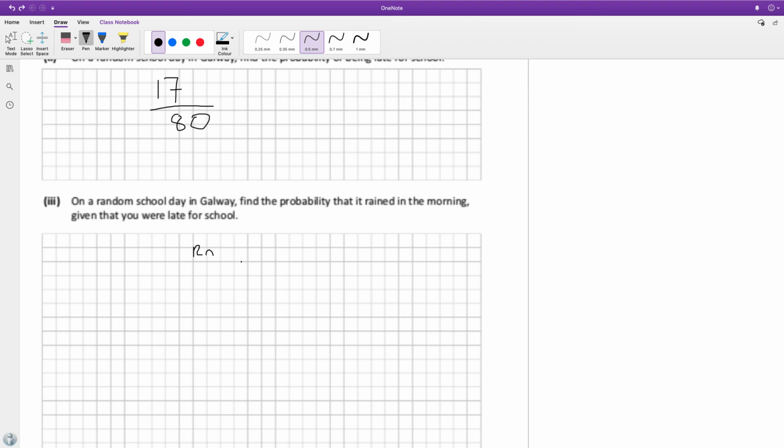7 over 16, half there. What's the probability he would be late? 17 over 80, exactly. And there's your answer.